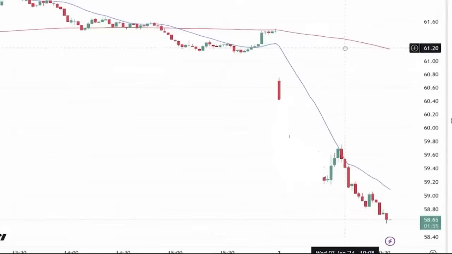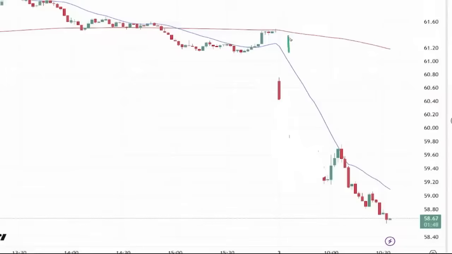If you open here, or you open there, you've got conflict, because your stock is in a bull position but a bear picture.